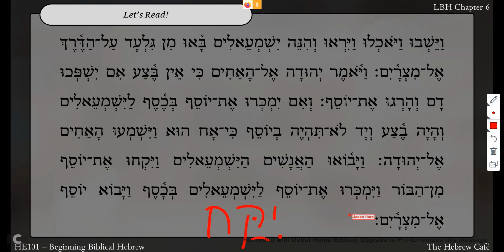But when you add the u ending, yikachu, this syllable reduces, and it becomes yikchu. And with the shva, the dagesh disappears because of skinim levi, and we get yikechu. Okay, yikechu, they will take.